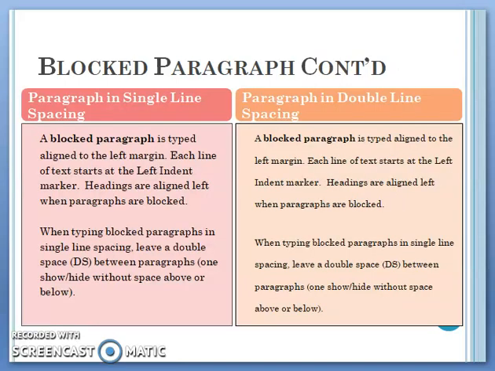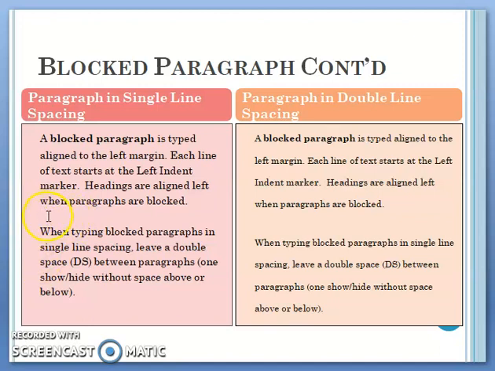Now let's look at how this would look when it's typed. So here I have two examples of block paragraph, one being in single line spacing and the other in double line spacing. I just said to you that when we're typing in single line spacing, so I have two paragraphs here, there should be a double space between paragraphs.